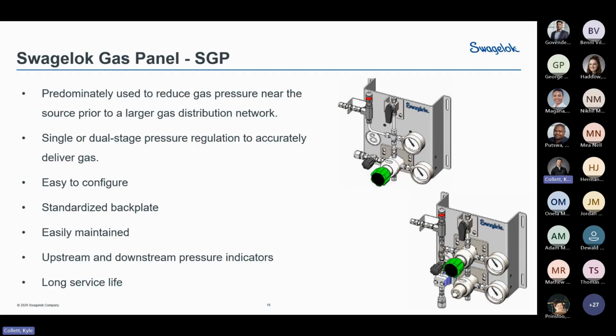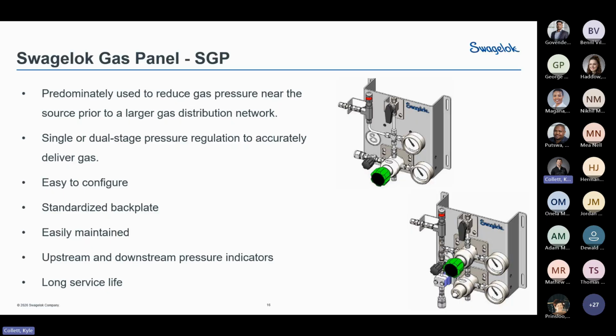Next, we'll take a look at our Swagelok gas panel. Typically following right after the supply or source inlet, these systems are your first point of pressure reduction of the system. From there, they're typically feeding lines off into the larger distribution network. These systems are either available with single or dual stage pressure regulation, depending on your system and the needs of the plant.